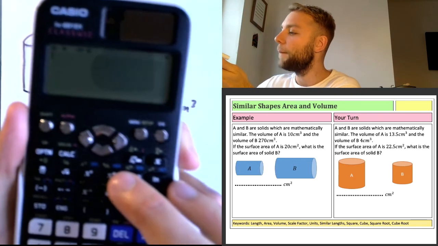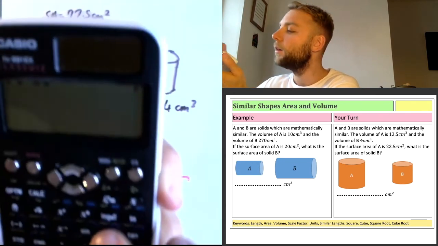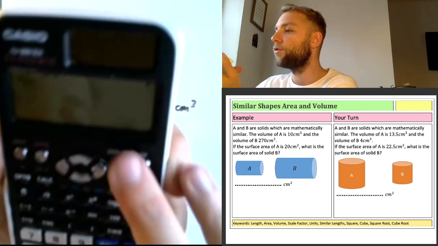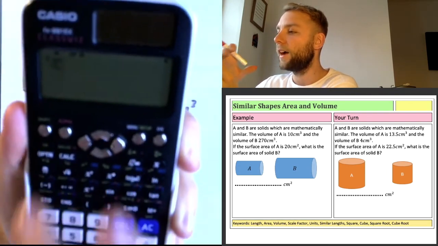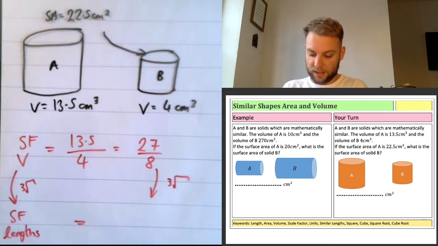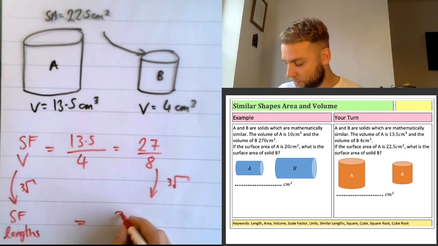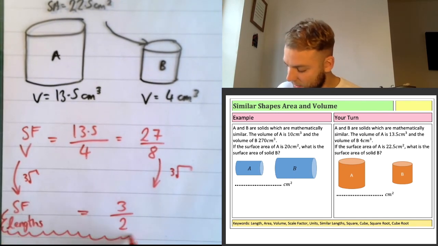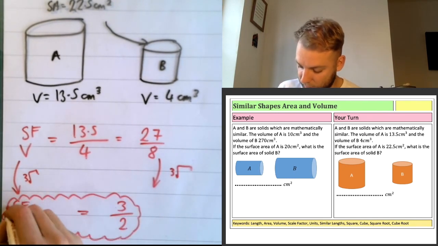Shift that button, the one just above the X with a little square. 3, fraction button, 27 over 8. You might be able to do this in your head, which is equal to 3 over 2. So my scale factor for the lengths is 3 over 2, which is 1.5.